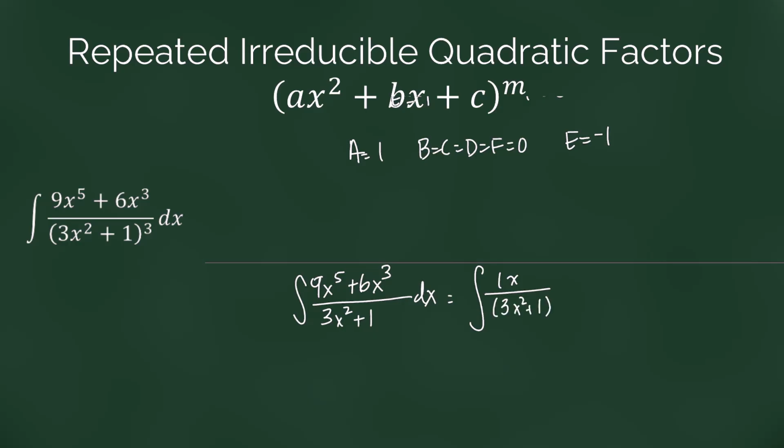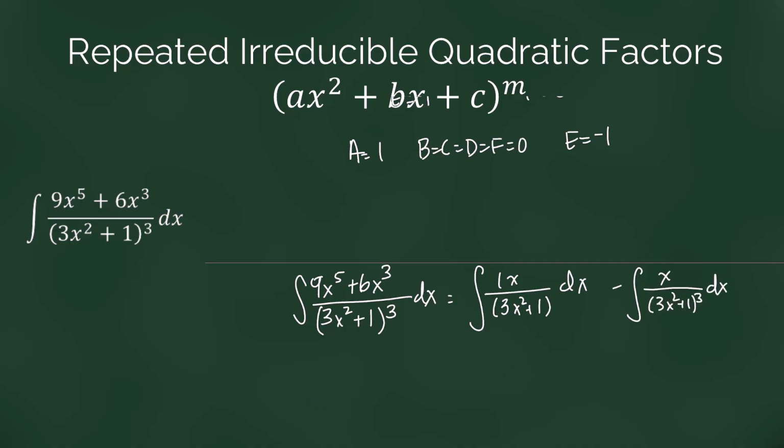Whoops, I forgot to put the third power over here. And then we had cx plus d, but those are both 0. So there's no term that needs the denominator squared. And then we had ex plus f, so that's -x plus 0 over our denominator to the third power.